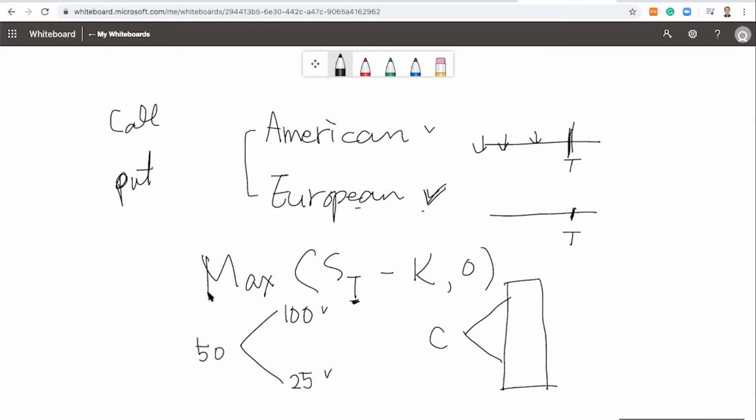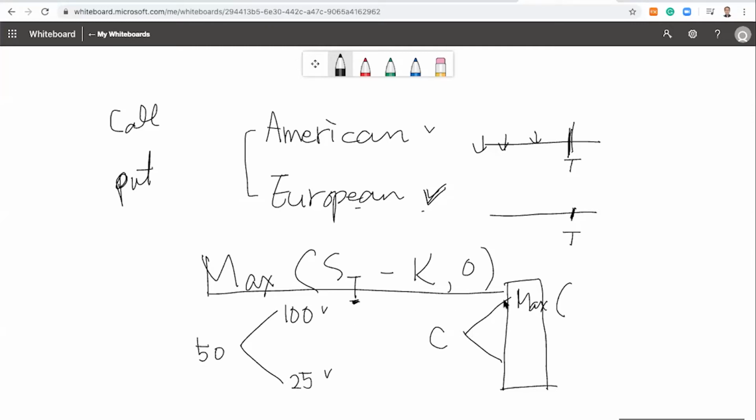And according to this payoff, it is just max(S_T minus K, 0). But what is the S_T here? The S_T is this one, right?